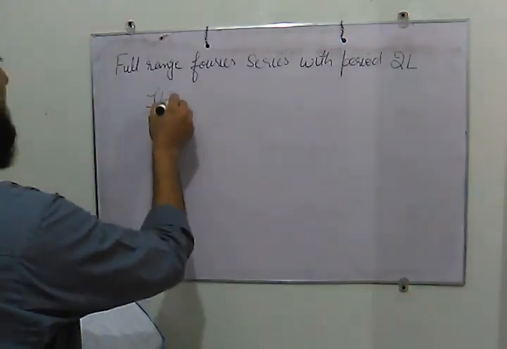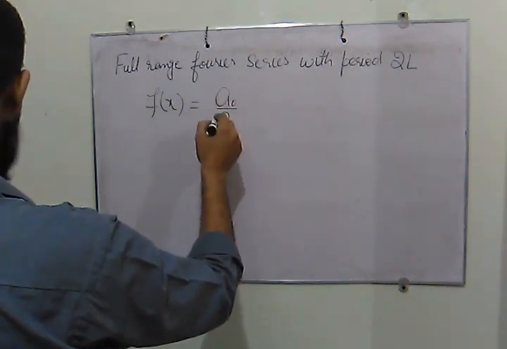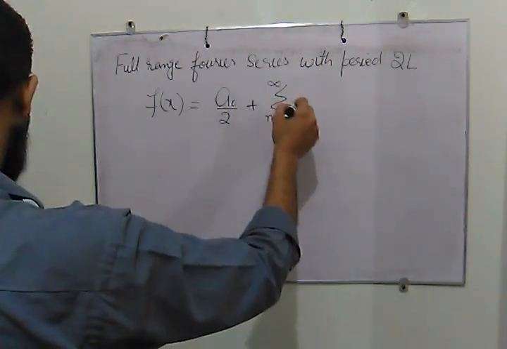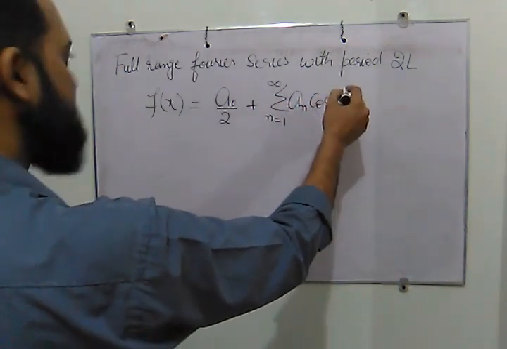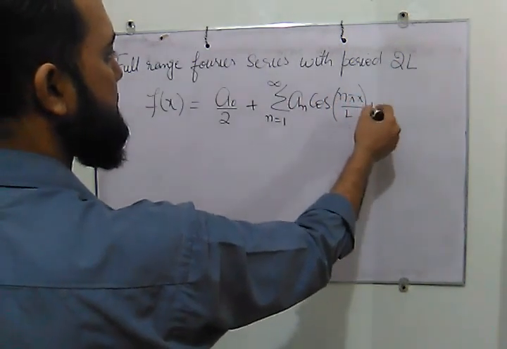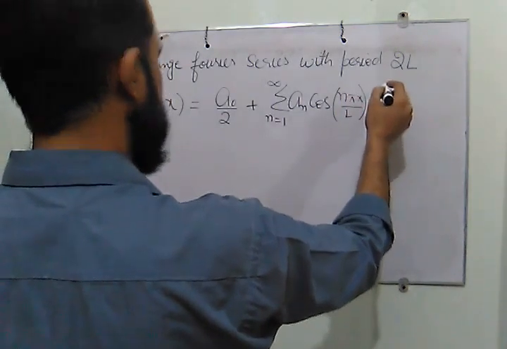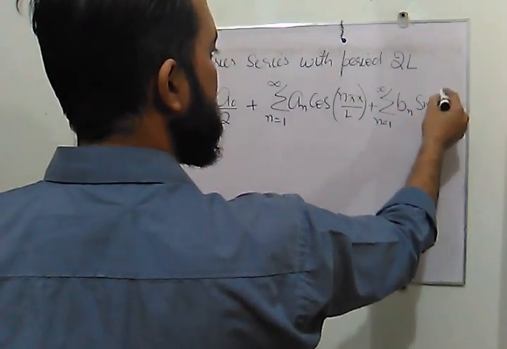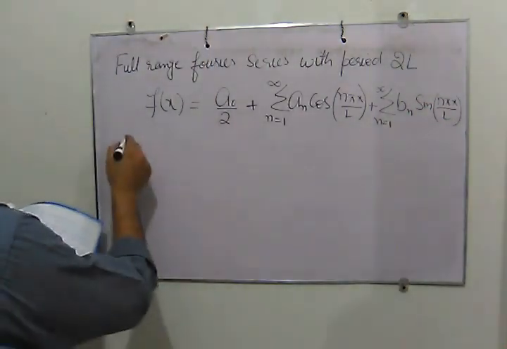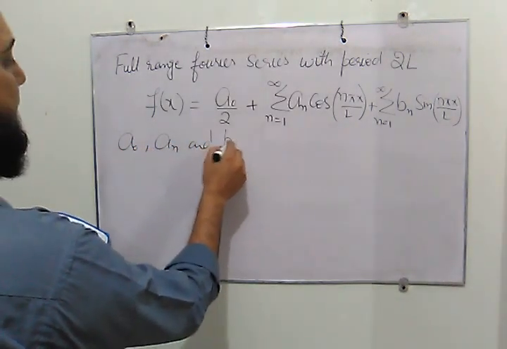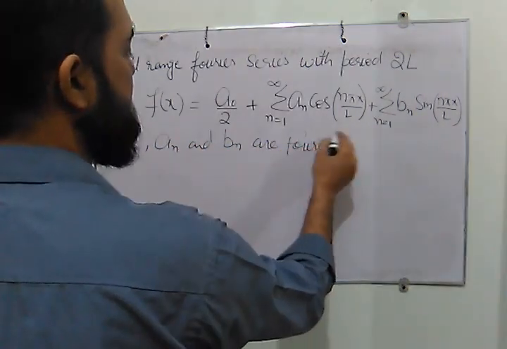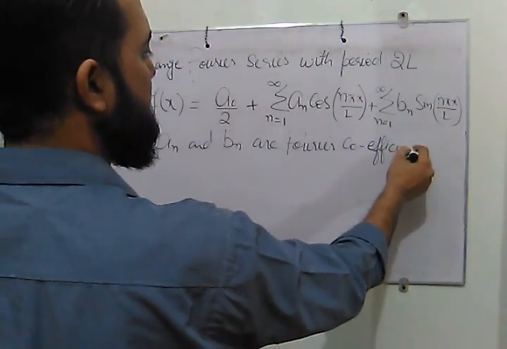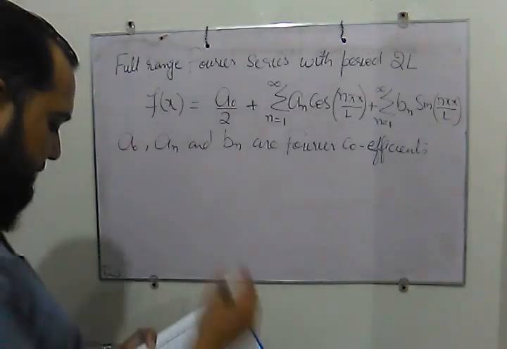In that case, the formula for the function is given, where a naught, an and bn are called the Fourier coefficients, and the Fourier coefficients have the following values.